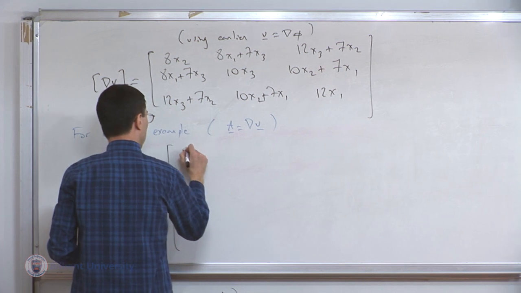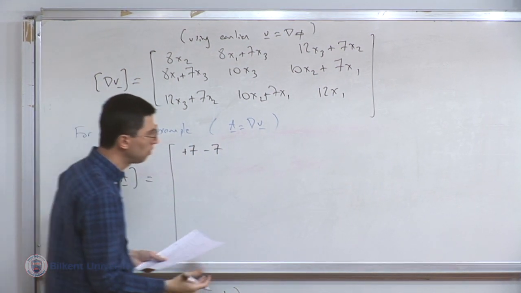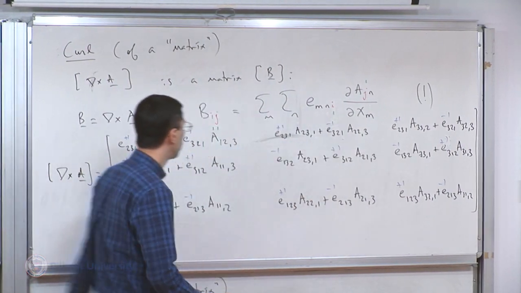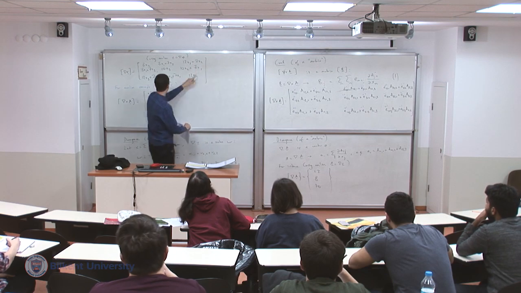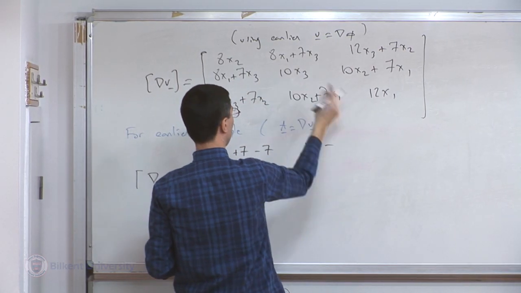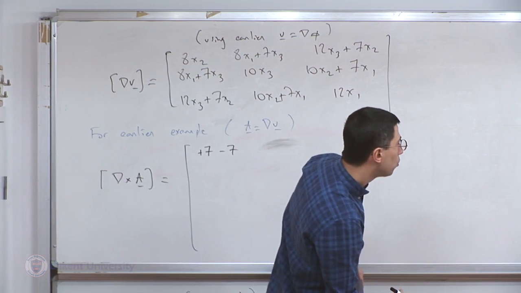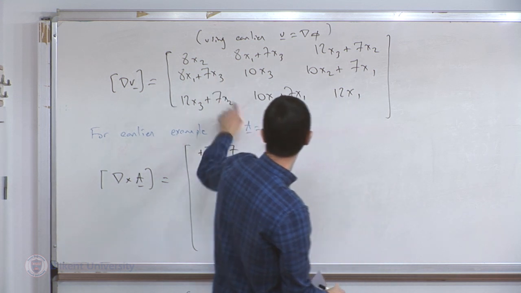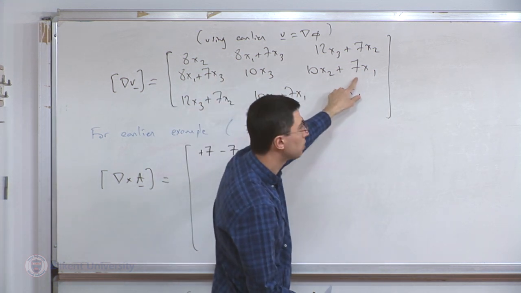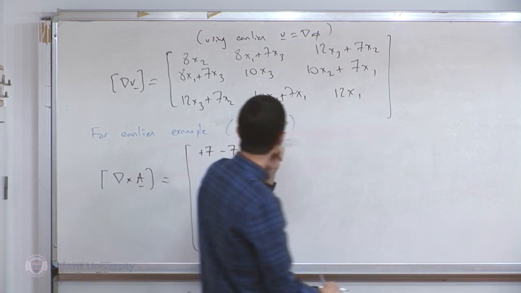So in this way, for every term, I will write what you would eventually calculate. Well, let's do one more together. 2, 3, 1 minus 2, 2, 3. 2, 3, 1 plus 7 minus 2, 2, 3.